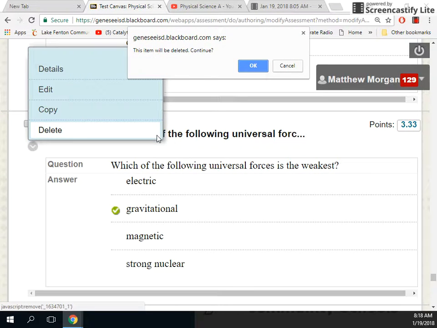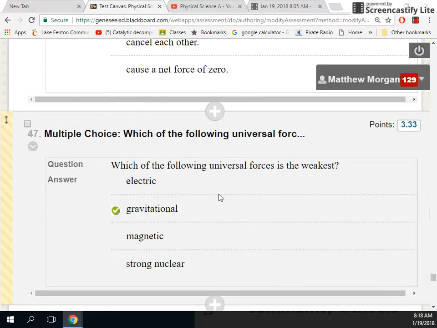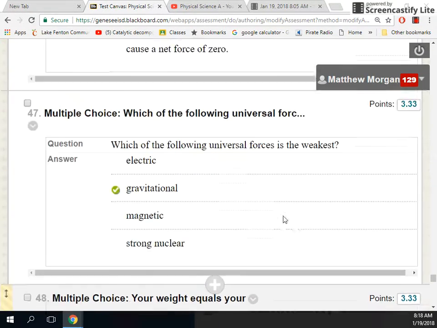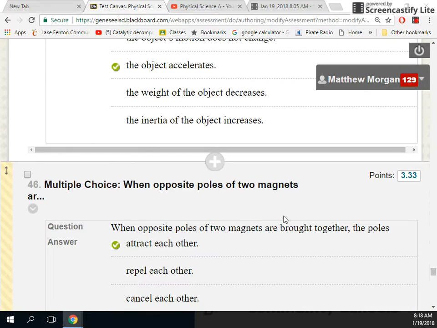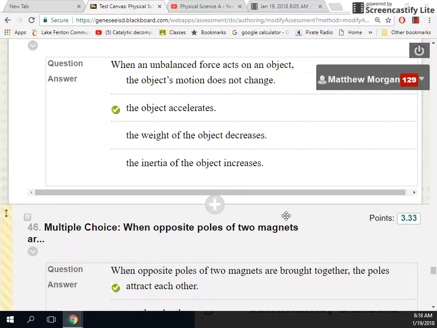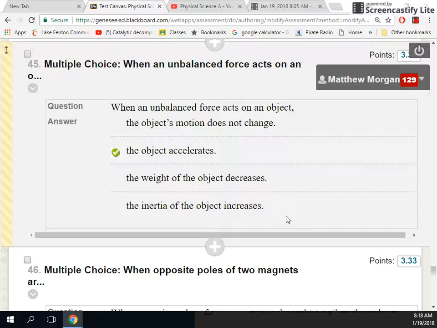Oh, wait. That one is going to be on there: which of the universal forces is the weakest? For chapters 11 and 12, we've covered all of those extensively. You shouldn't have a problem with those. Right now we're only up to like 30-something vocab words.